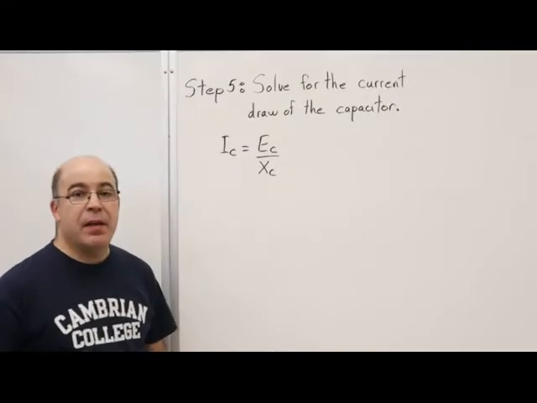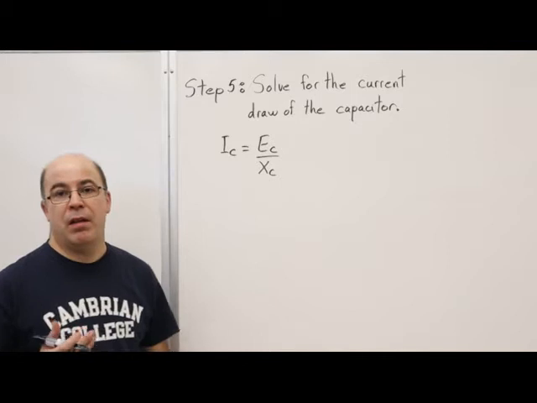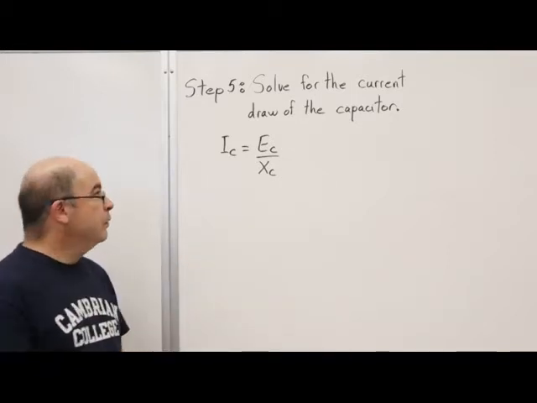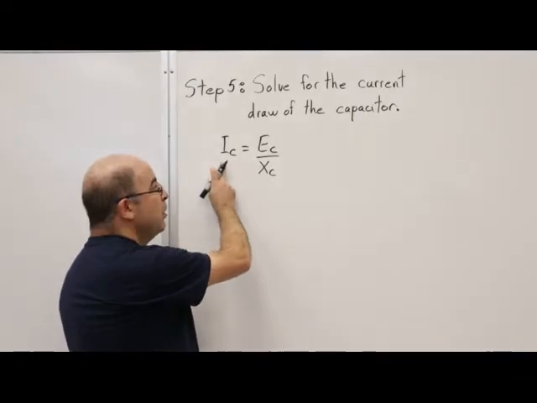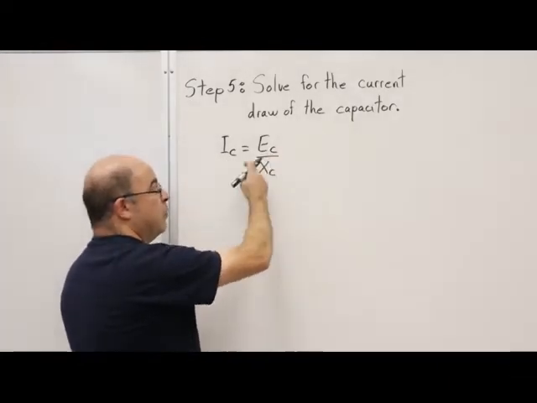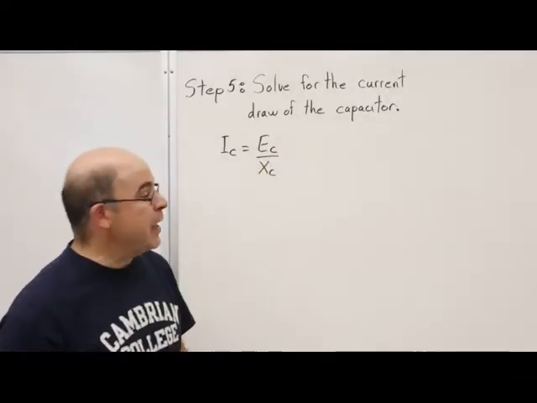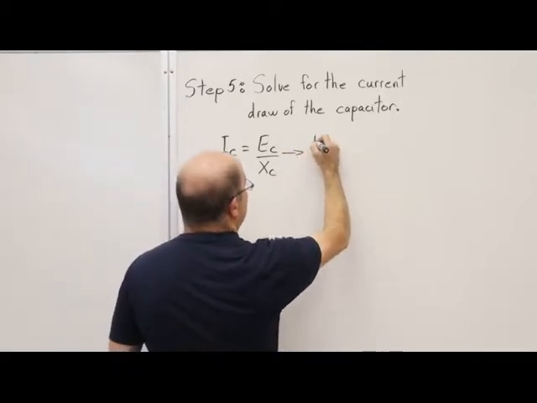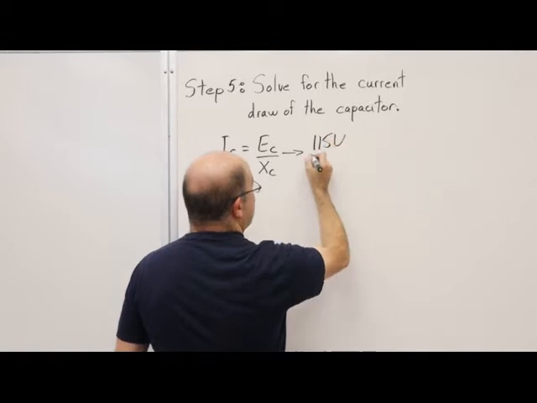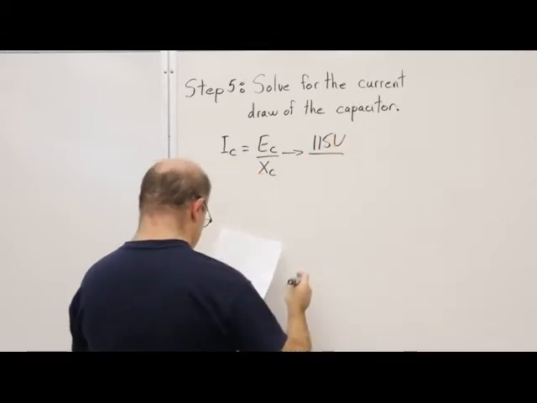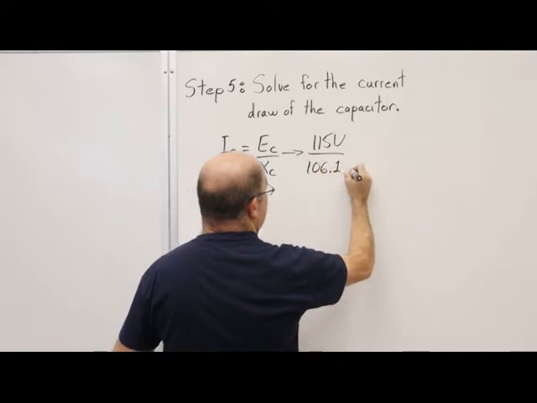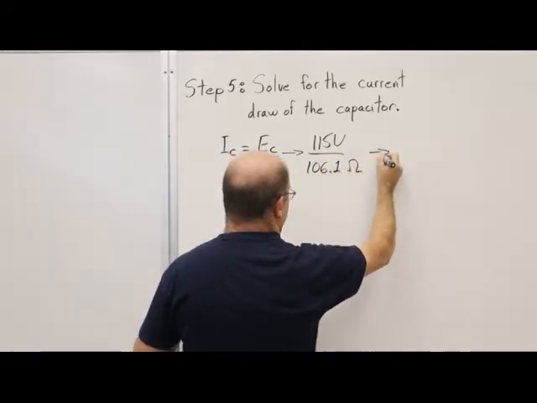Moving on to step 5. Solve for the current draw of the capacitor. Straight up Ohm's law. To find current, we're going to take the voltage and divide it by the value of capacitive reactance. In this case, 115 volts divided by 106.1 ohms.